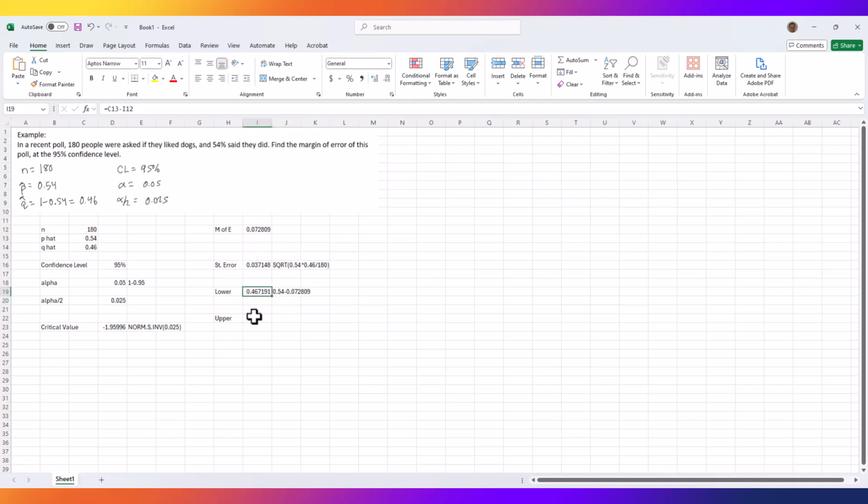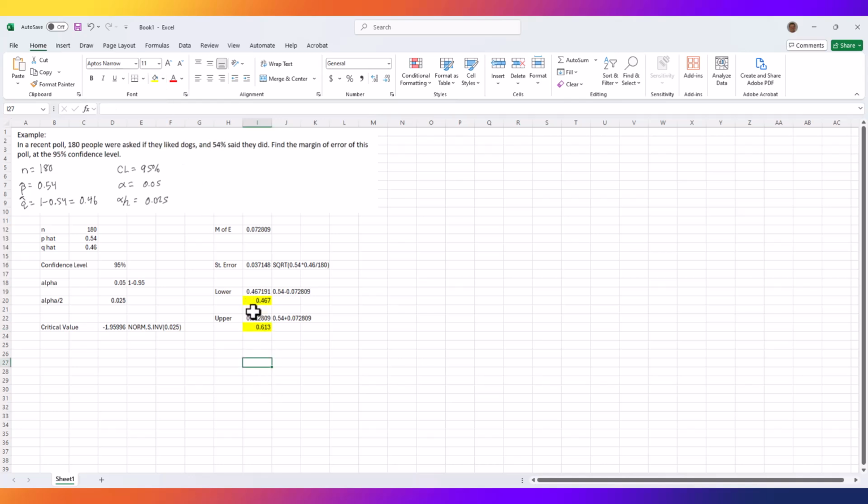Similarly on the other side, we take the p hat and we add the margin of error, 0.072809. A lot of these we round to 3 decimal places, so 0.467 stays there as a lower bound, and 0.613 as an upper bound.